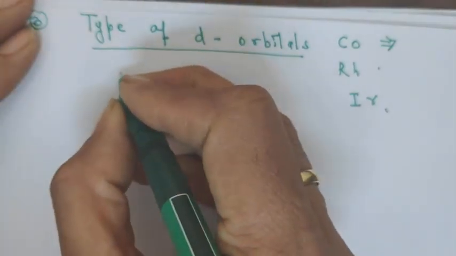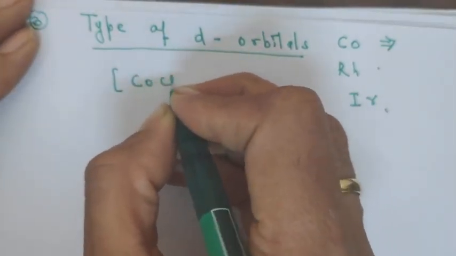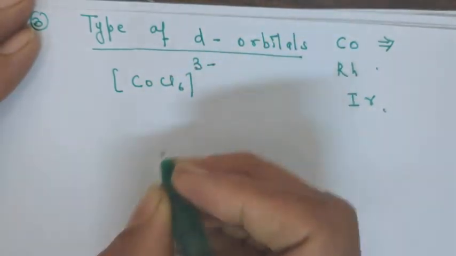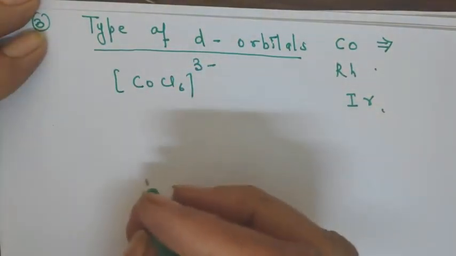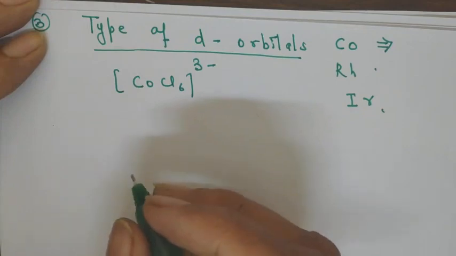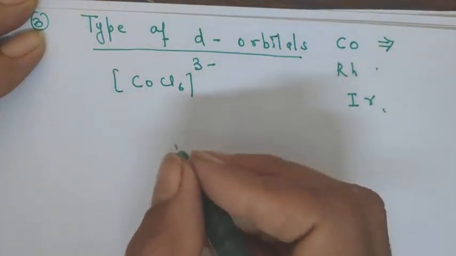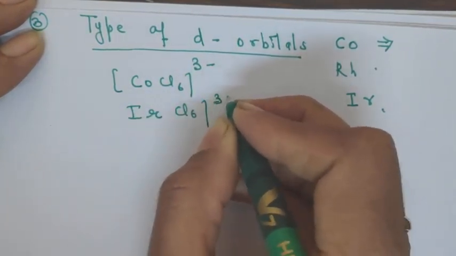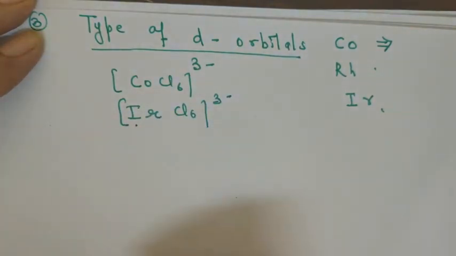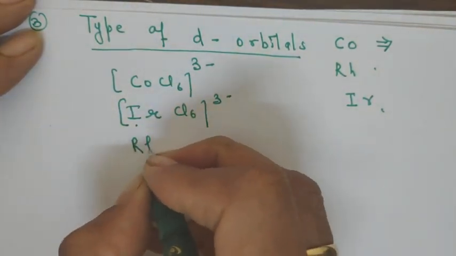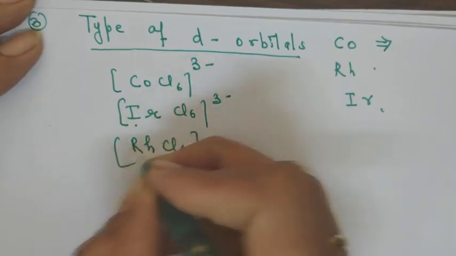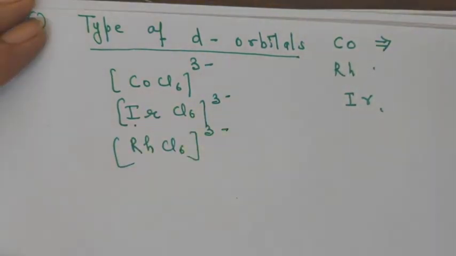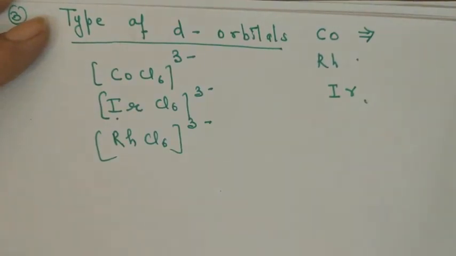Let us suppose you have these complexes: cobalt Cl6 3 negative, another complex is iridium Cl6 3 negative, another complex is rhodium Cl6 3 negative. You have these three complexes. You have to find out which complex will cause larger crystal field splitting.